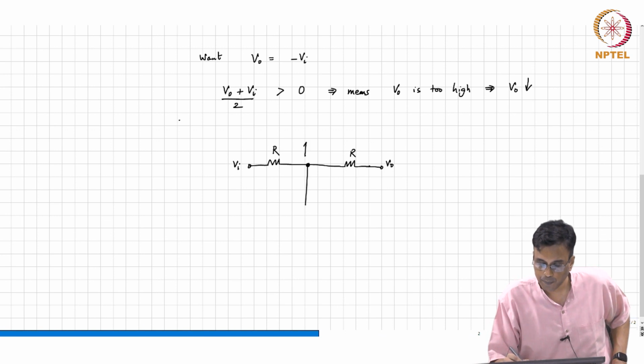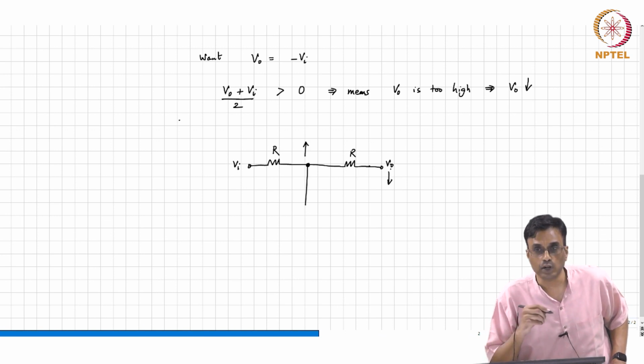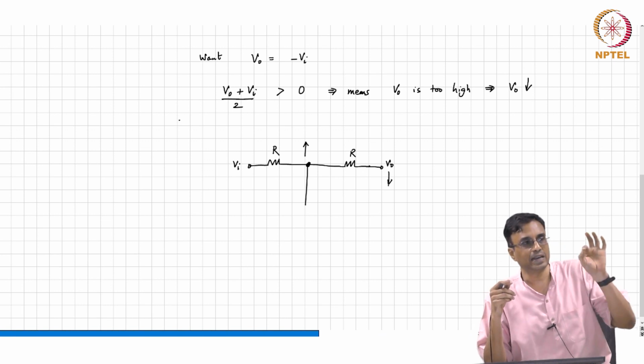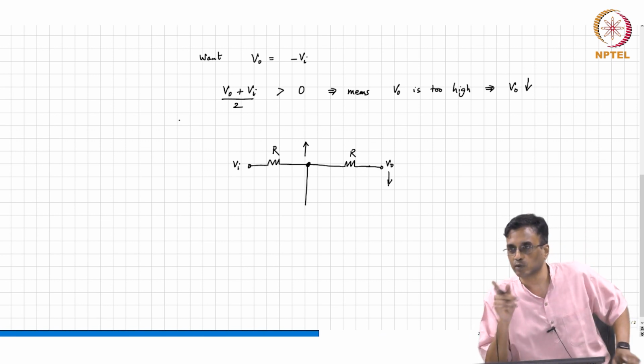If this goes up, this must be pulled down, and so what must be there? It is a voltage controlled voltage source between the midpoint of those resistors and the output, and what must be the gain of that voltage controlled voltage source? Even if that voltage is infinitesimally greater than 0 or less than 0, you must kick this node so hard.